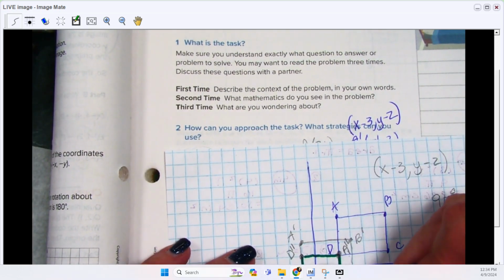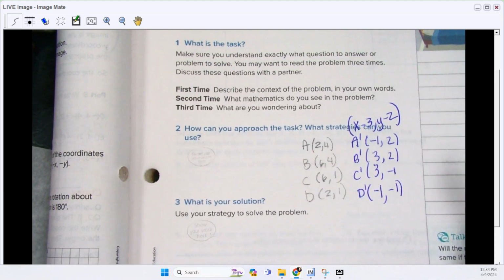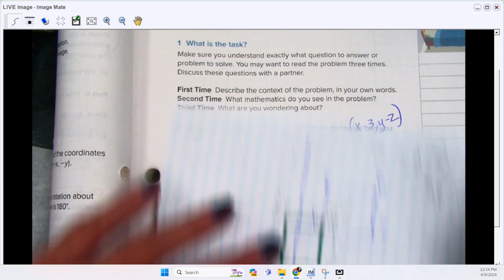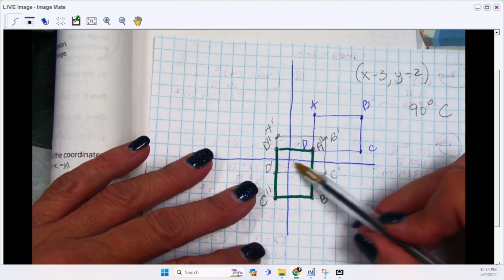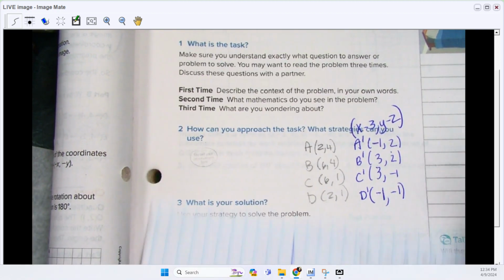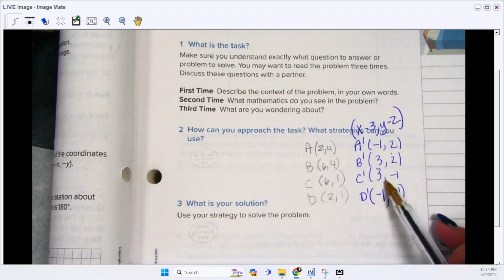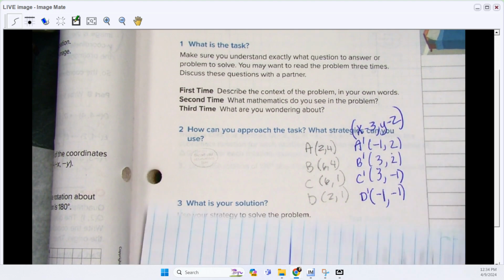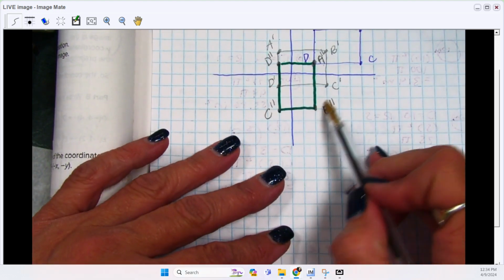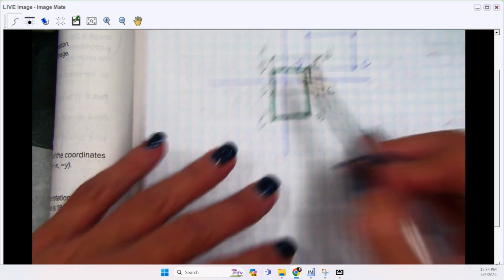A prime is at negative 1, 2. Is that what we have? Yes. B prime was at 3, 2. C prime was at 3, negative 1. And then D prime was at negative 1, negative 1.